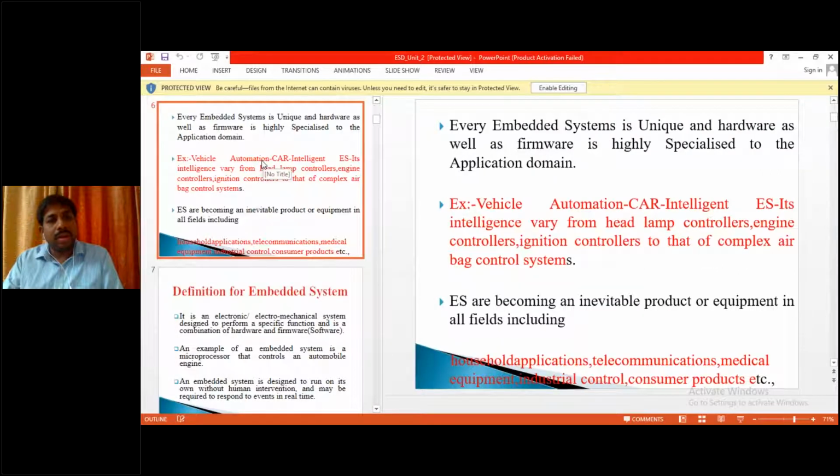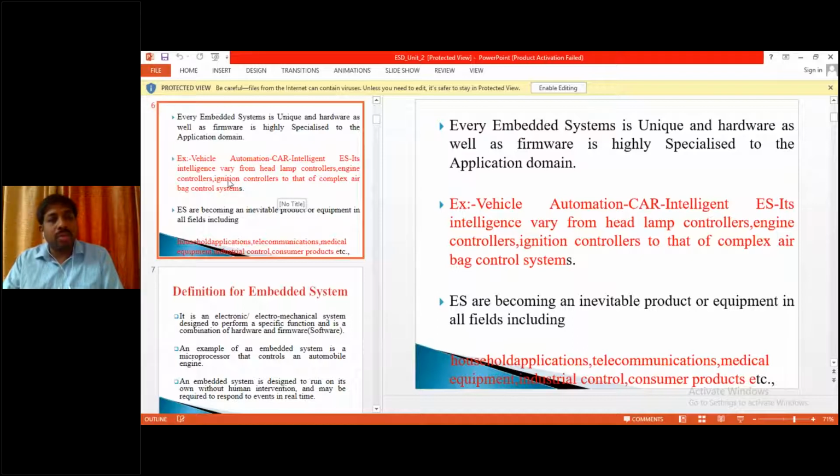So if you see our intelligent vehicle automation, car automation, there our embedded logic is available in headlamp controllers, engine controllers, ignition controllers, and to that of complex airbag control system. So all these require this embedded system logic so that you can initiate simultaneously, and hardware and software together indicate headlamps, engine controlling, ignition controlling, as well as airbag.